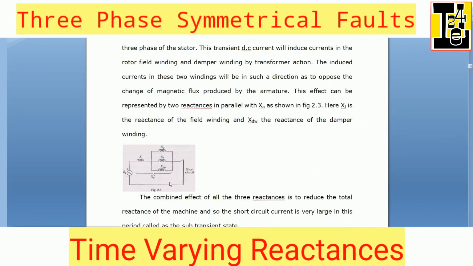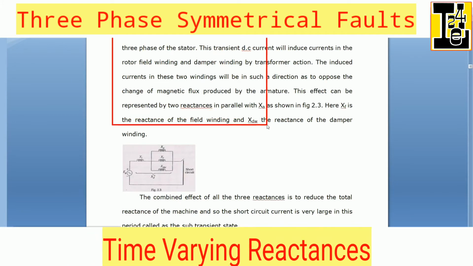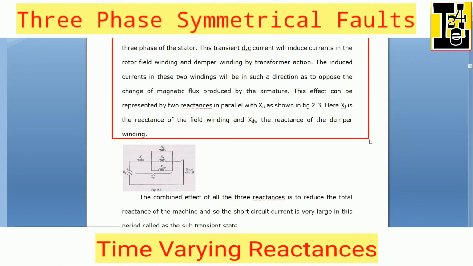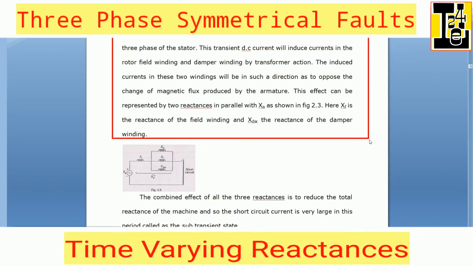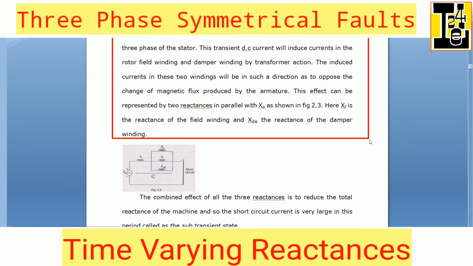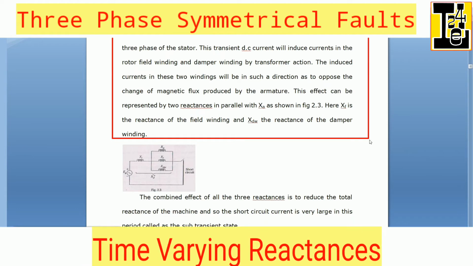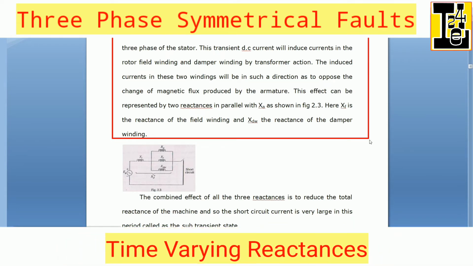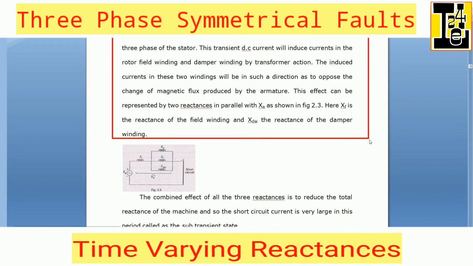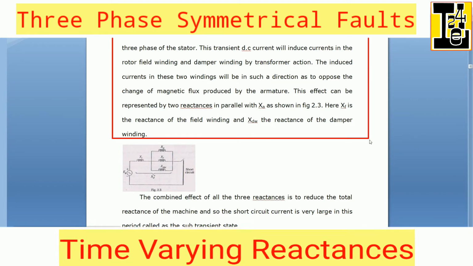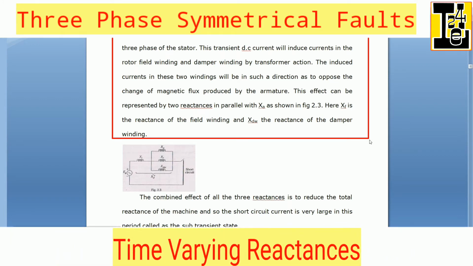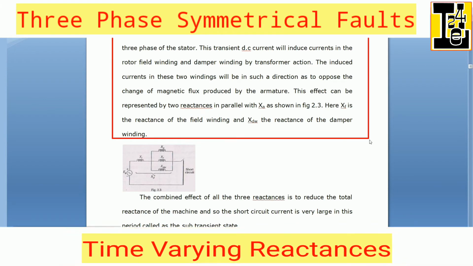At the instant of short circuit, the offset DC current appears in all the three phases of the stator. This transient DC current will induce currents in the rotor field winding and damper winding by transformer action. The induced currents in these two windings will be in such a direction as to oppose the change of magnetic flux produced by the armature.